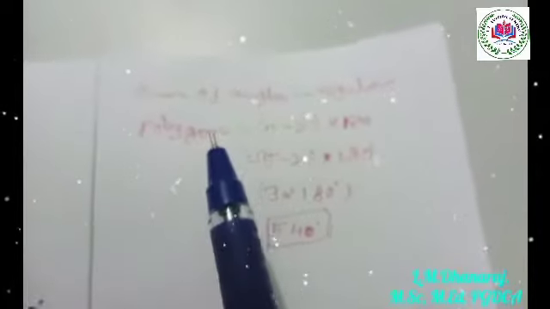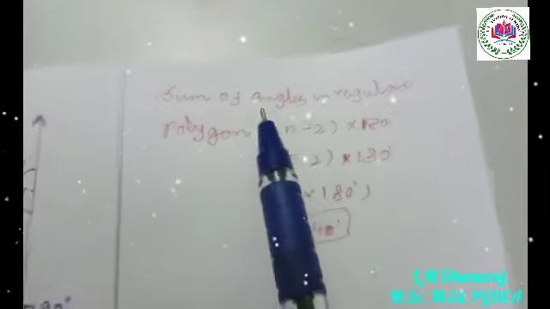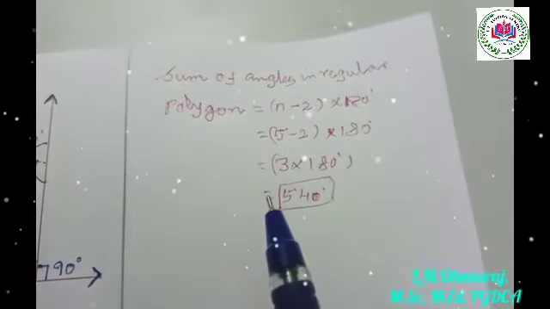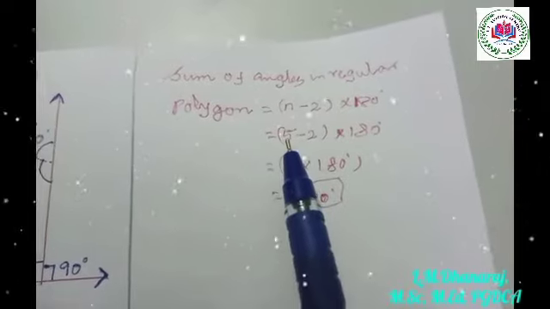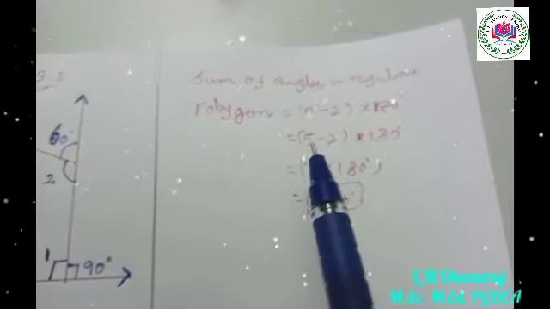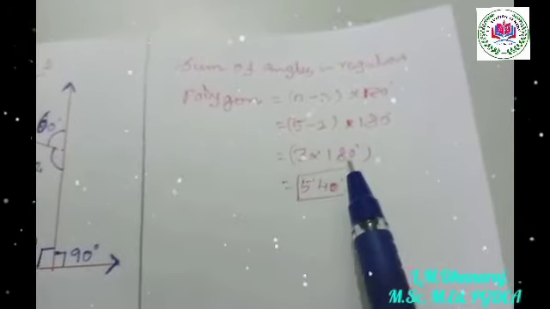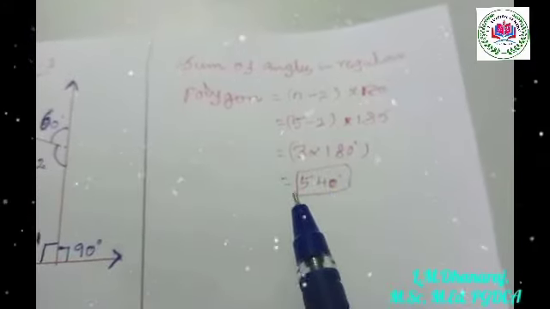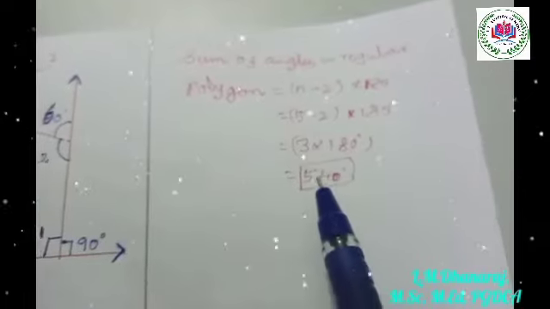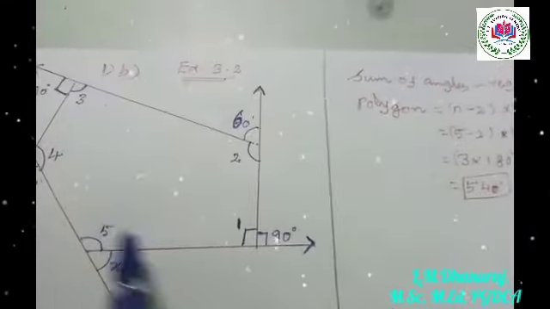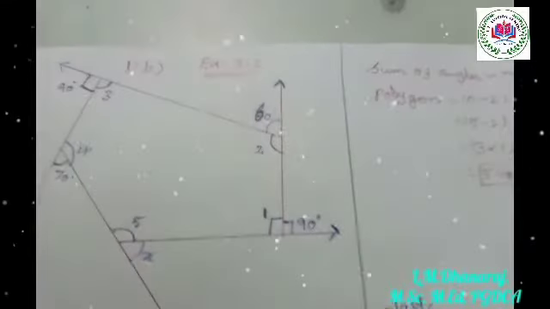We already know the formula: sum of the angles of a regular polygon is (n minus 2) into 180 degrees. Here the number of sides is 5. So 5 minus 2 into 180 degrees, which is 3 into 180 degrees, which will be 540 degrees. So 540 degrees is the total interior angle of this polygon.